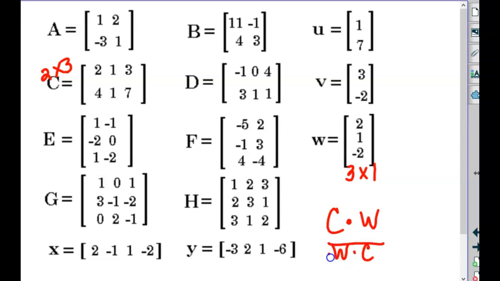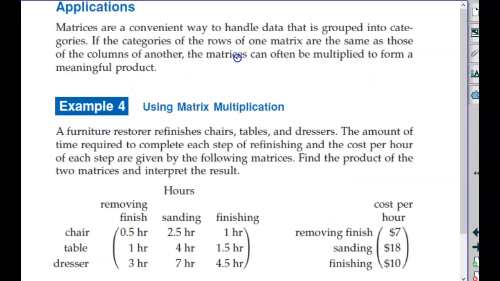No. Matrix multiplication is not commutative. Does that word sound familiar? Commutative, you can't do it in any order, okay? That was a good one, C times W. Can you do A times B? Yeah, because they're exactly the same size, right? All right. Back to this application.